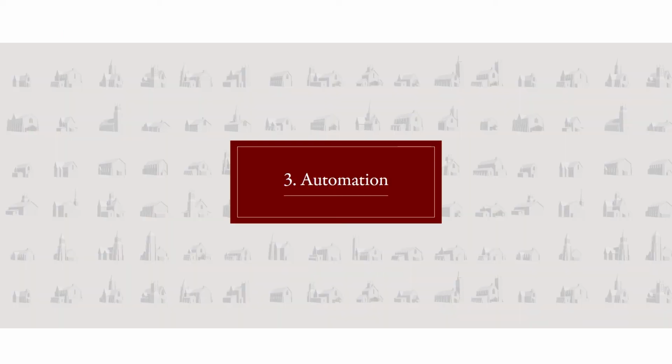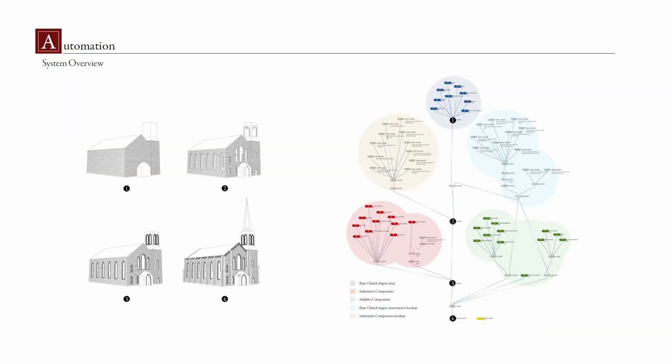And so the next step of this research was to automate this process further. So this is the system that could create all these varying designs, and so it has changed quite a bit from the initial St. Mary's system. Much like in the previous system, each of these nodes corresponds to a component, and each of these components has parameters that are able to be adjusted.